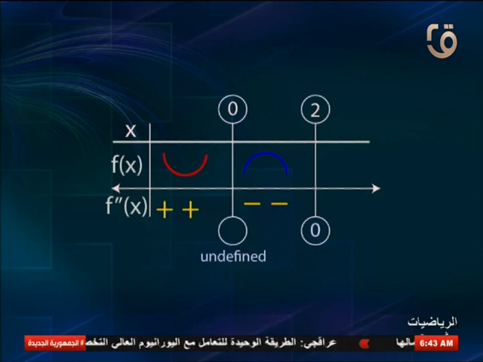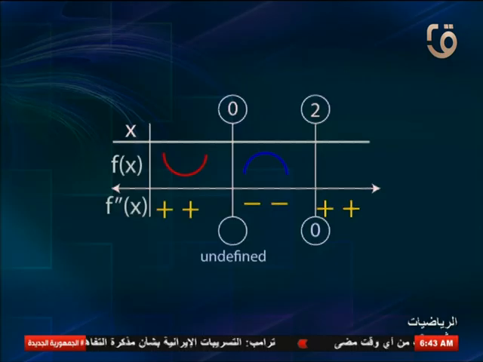Also, f double dash is negative or convex up when x belongs to open interval 0, 2. When f double dash of x positive when x more than 2.